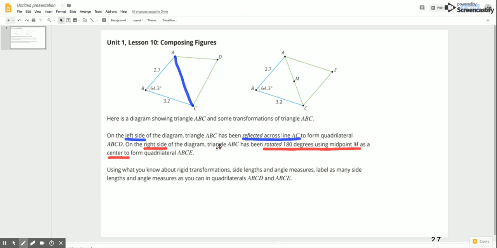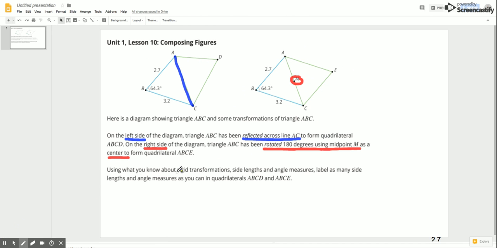So the center of rotation is M, and we're rotating 180 degrees. Because we're rotating 180 degrees, it doesn't matter if we're going clockwise or counterclockwise because we'll end up at the exact same position. So now let's see, what exactly do they want us to do?